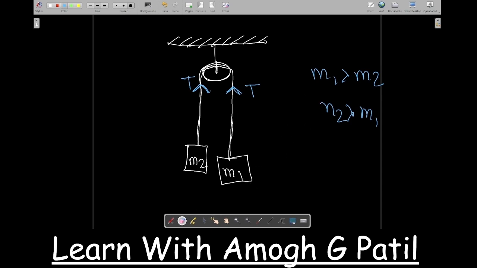If M2 is equal to M1, then both will stay at the same level. So now let us go into these conditions carefully.